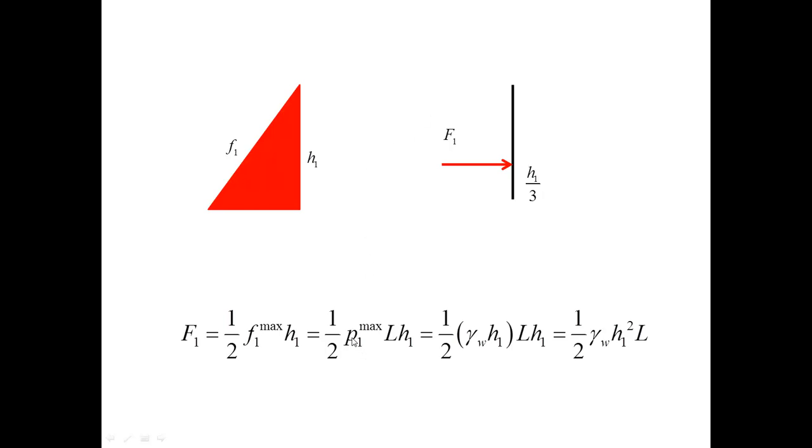At any rate, F1 max is equal to P1 max times L. P1 max is computed as gamma W, gamma of water, times H1, and we obtain this expression.